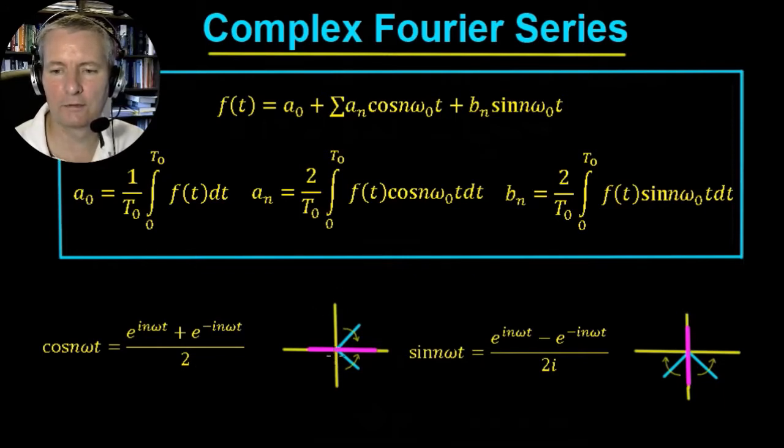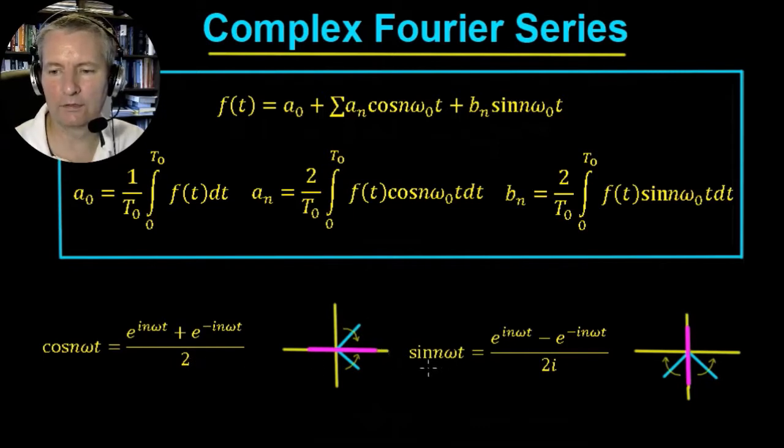And that's represented as a phasor here in blue rotating in the anti-clockwise direction, that's e to the i n omega t, and a phasor rotating in the clockwise direction, that's e to the minus i n omega t. And it's going to map out this line here in pink, which will be the cos n omega t, but it's going to be twice because it's the vector addition of these two, so we have to half it in order to get the cos n omega t.